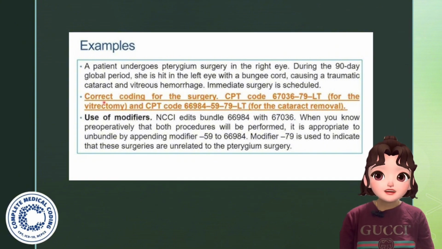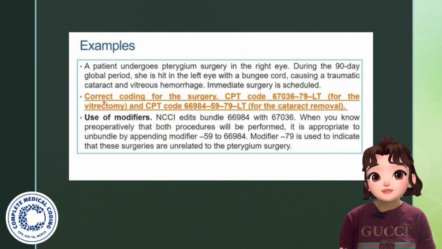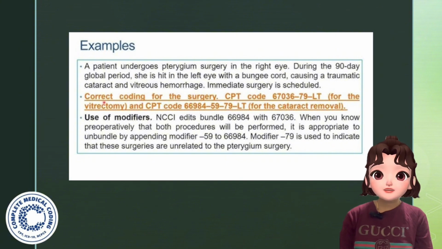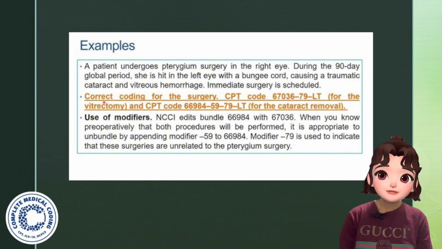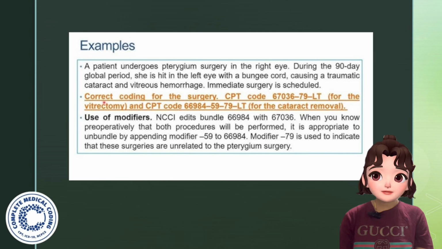Since as per the NCCI edits both the codes are bundled, you have to always mark the codes for the pre-operative procedures appended with modifiers 59 and 79, as these are not related services as per the initial surgery.